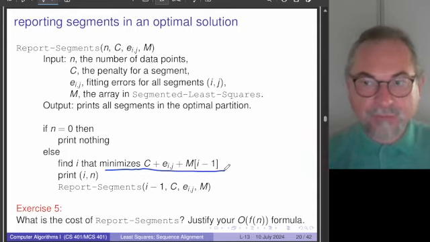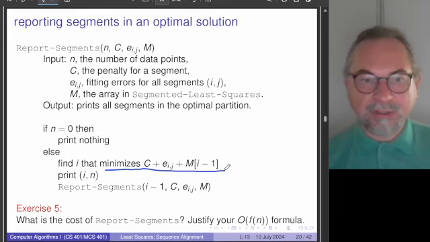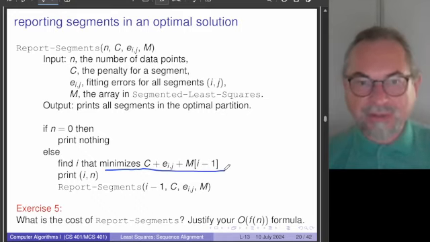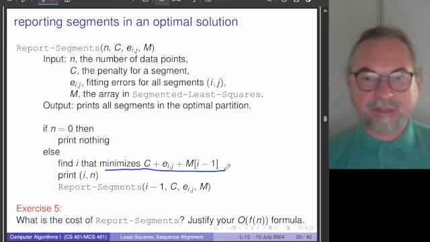You have to write down what I outlined. So the number of steps, the number of calls to report segments, and then also you have the minimization. That can also take a cost that is linear in n.